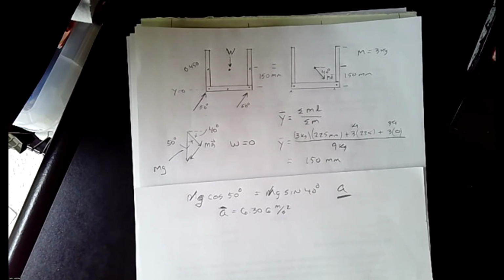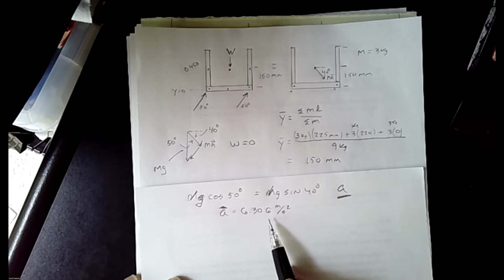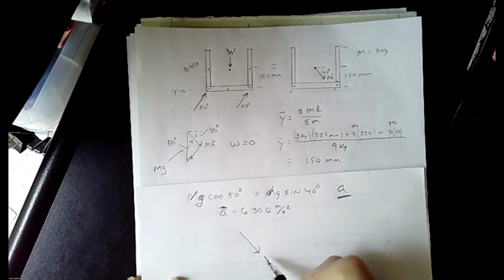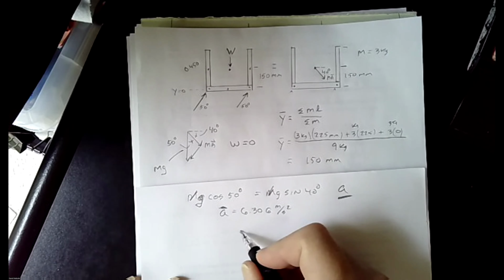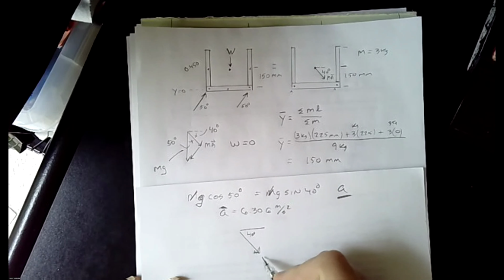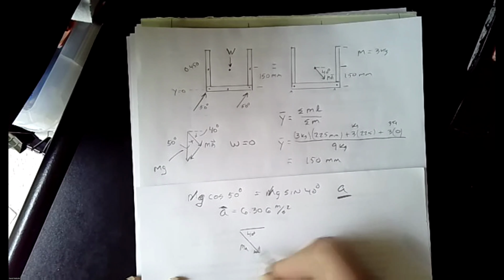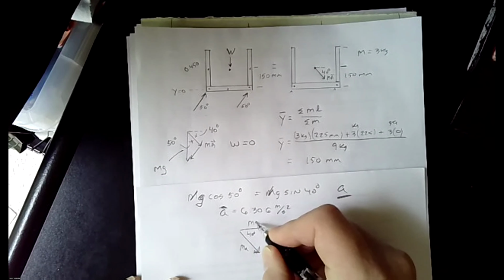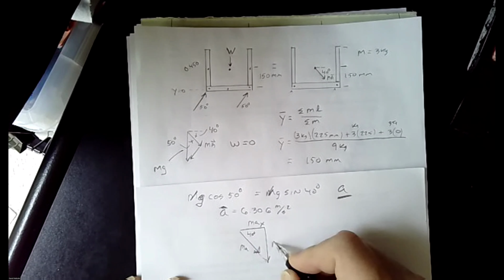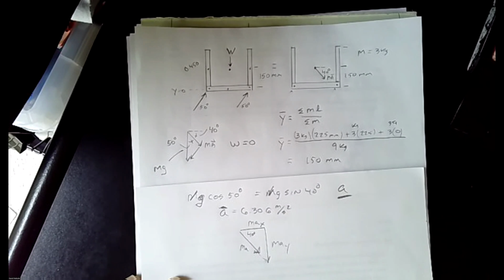So now that we have that acceleration overall, we have to think about what is that acceleration in terms of x and y. So we have effectively an acceleration that goes down like this, okay? And it's going down still at 40 degrees. So that's our MA. We can kind of think of this as our MA in the X, and this is going to be our MA in the Y. Okay?